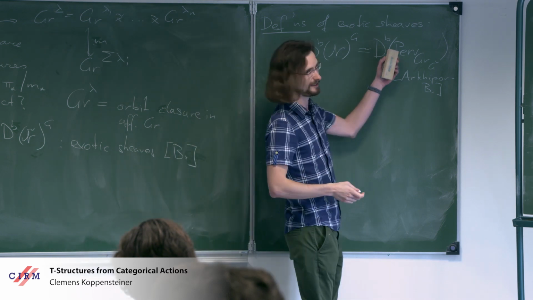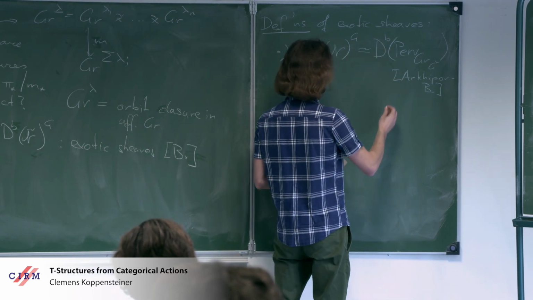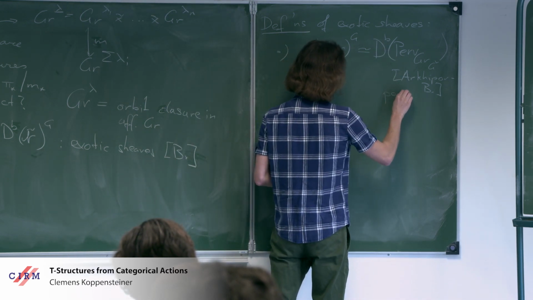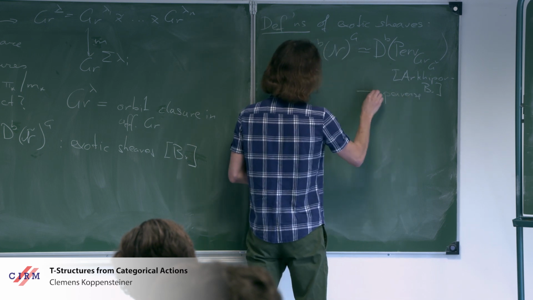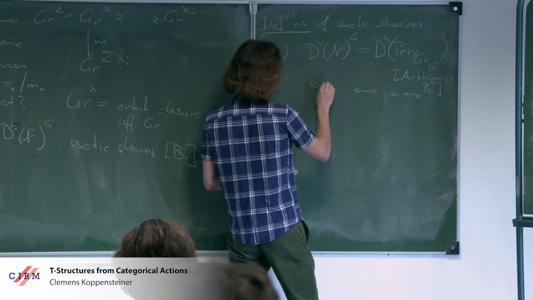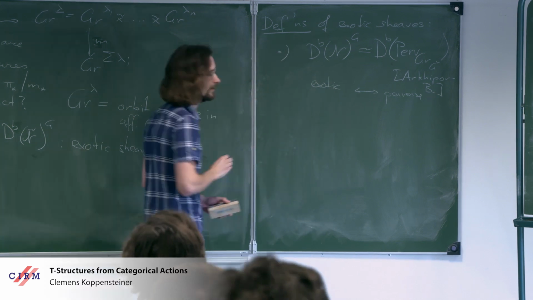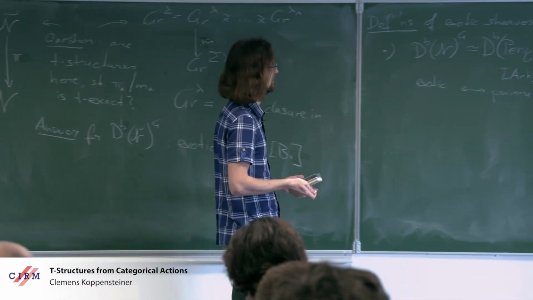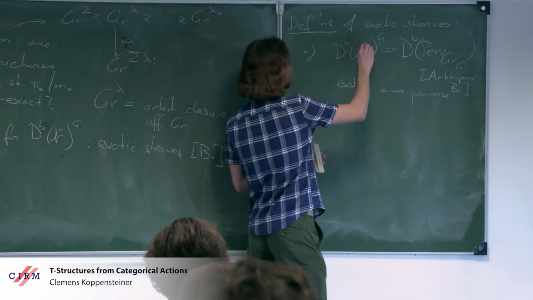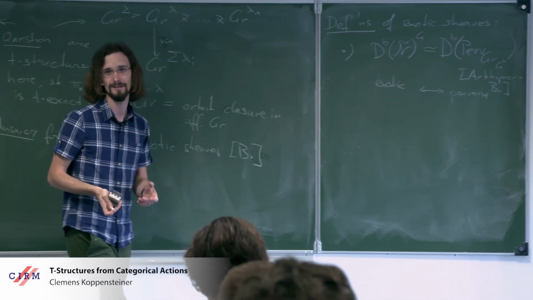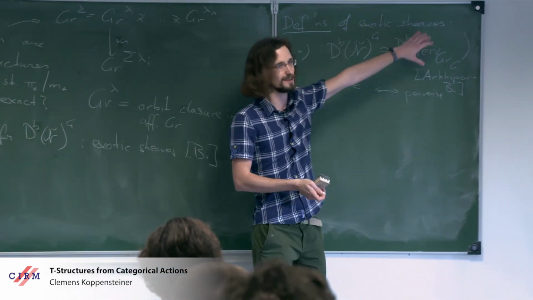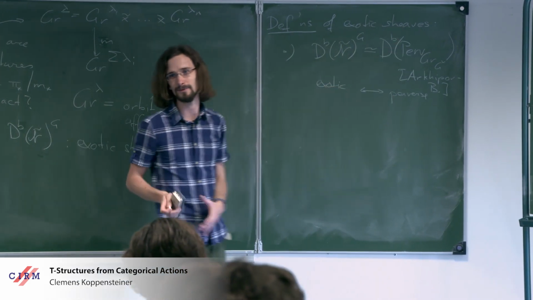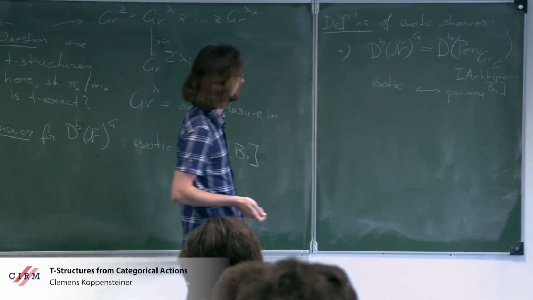This has a natural perverse t-structure, and that exactly corresponds to the exotic t-structure here. Very nice, very deep result, but it doesn't really generalize. If you have something other than the Springer resolution, where would you cook up something like this? Where does it come from? No idea, so that doesn't help us for generalization.